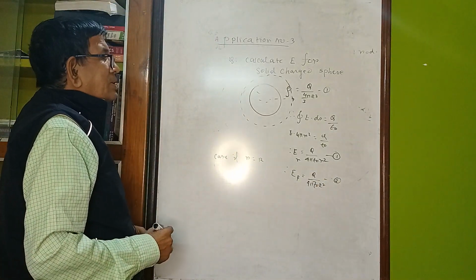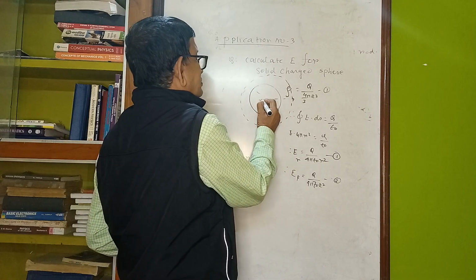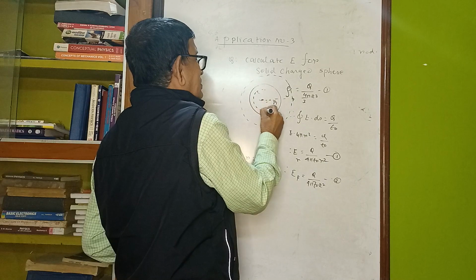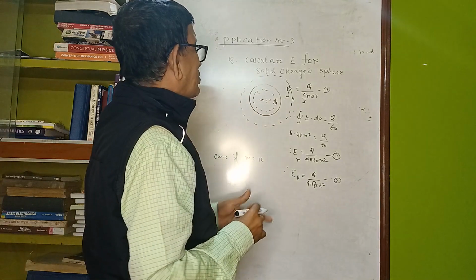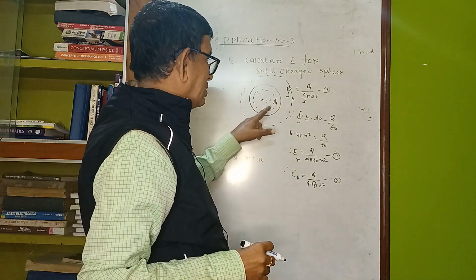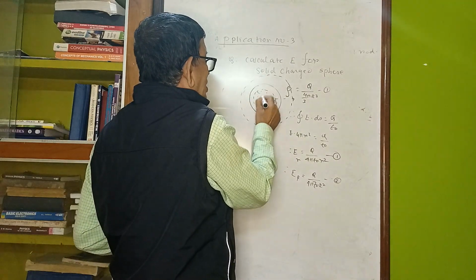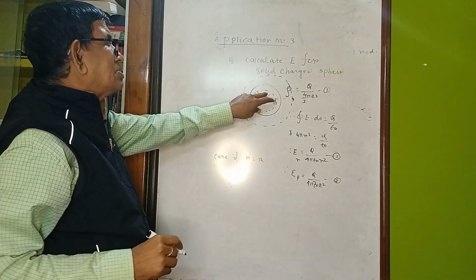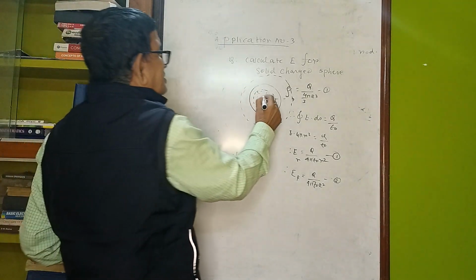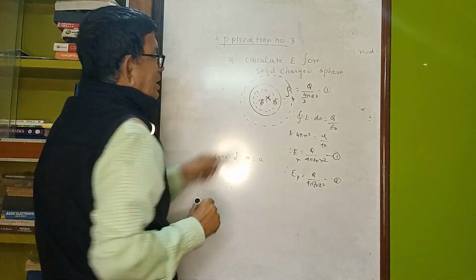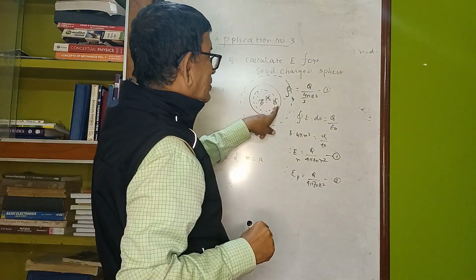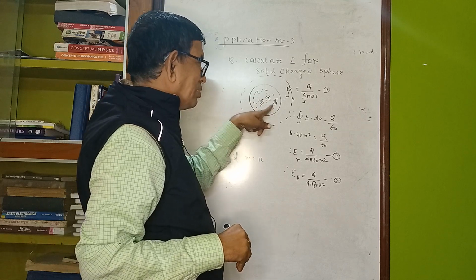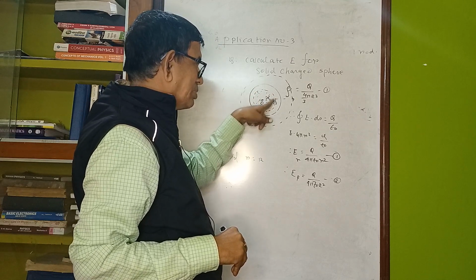But the problem is that if we consider a point P1 inside the sphere, that is very important. You consider a point P1 inside the sphere, then you consider the Gaussian surface for the small sphere. In that case, what will you do? You consider the total charge contained by the sphere at a distance x from the center, where P1 is a point inside the sphere. Now for that point P1, we have to consider the total charge within the small sphere.